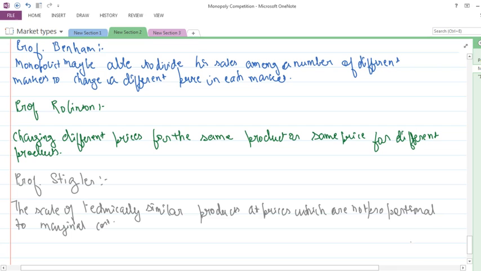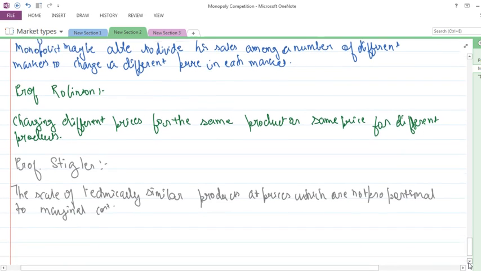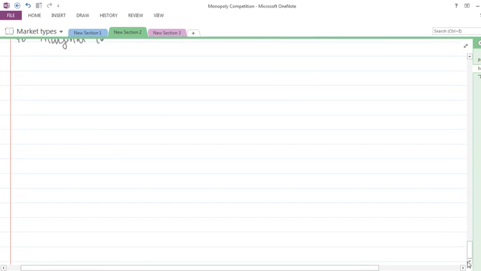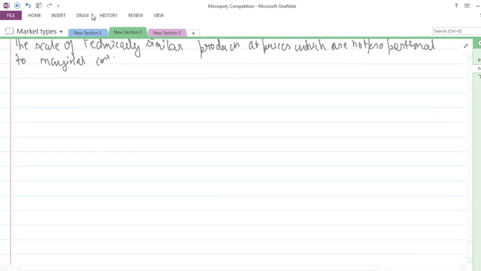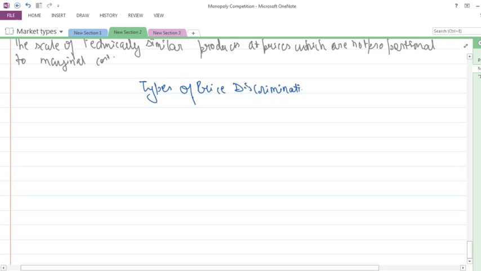So price discrimination can be divided into three different types. The first type of price discrimination is personal price discrimination.